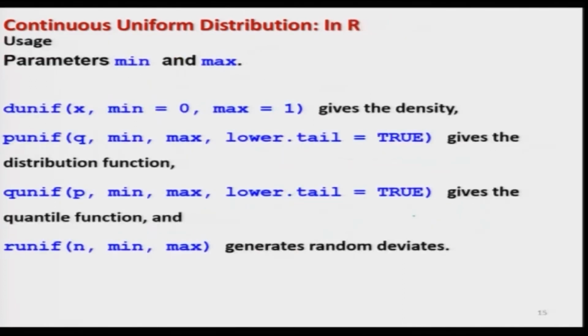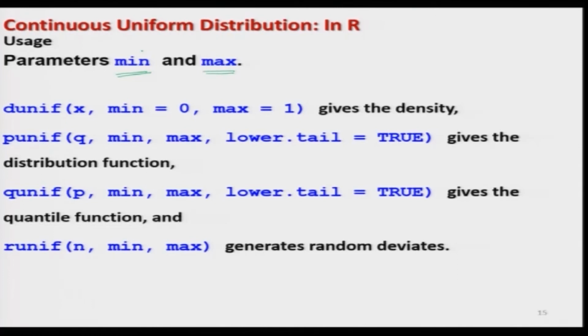Now I will show you how you can compute or handle this uniform distribution in the R software. Here there are two parameters which characterize the distribution: min and max. They indicate the lower and upper value of the range of x.